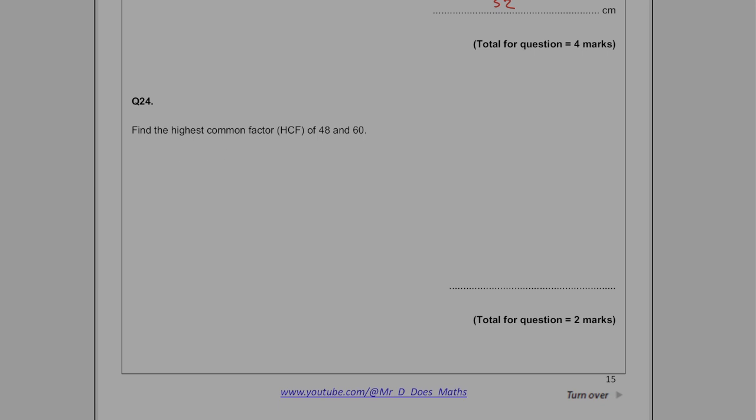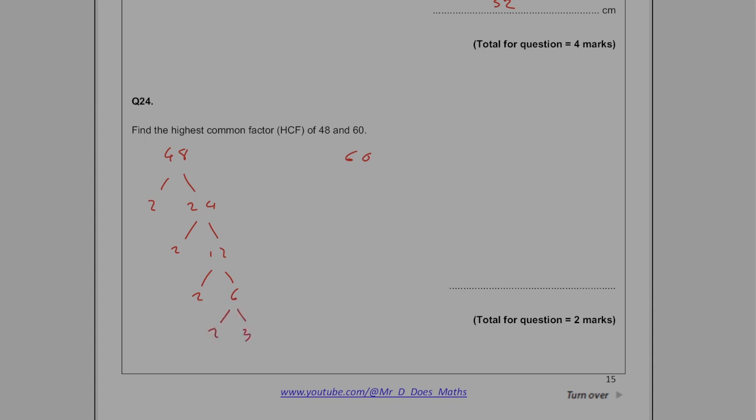Right, question 24. Find the highest common factor of 48 and 60. To do that, I'm going to break these down into their prime factors. 48 is 2 times 24, which is 2 times 12, which is 2 times 6, which is 2 times 3.